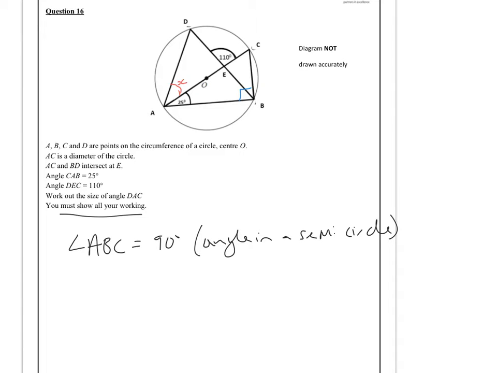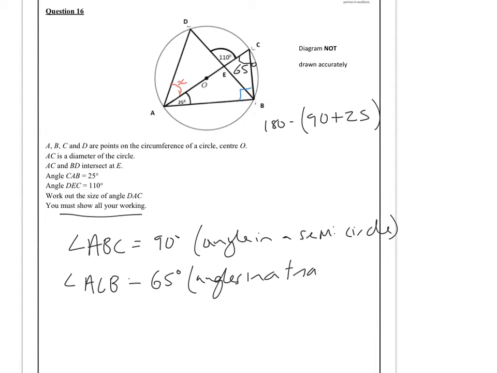And then from that we can also work out this angle here, and that is going to be 90 plus 25, and then 180, take away that because of angles in a triangle, and that is 65 degrees. So again I need to say that, so angle ACB is 65 degrees, angles in a triangle sum to 180 degrees.